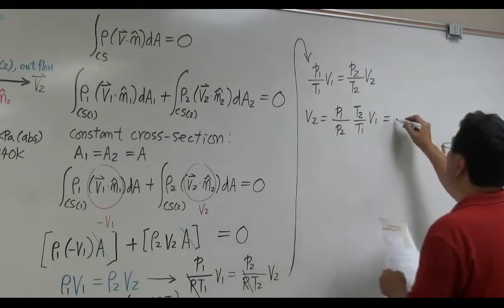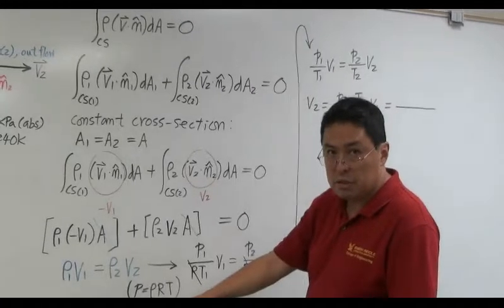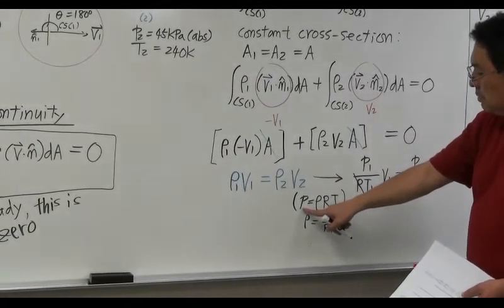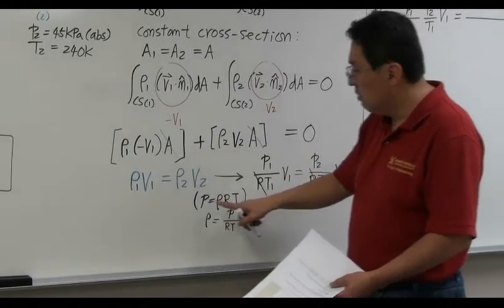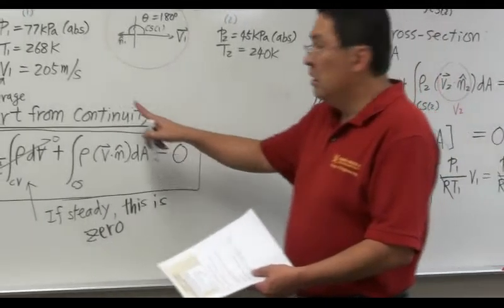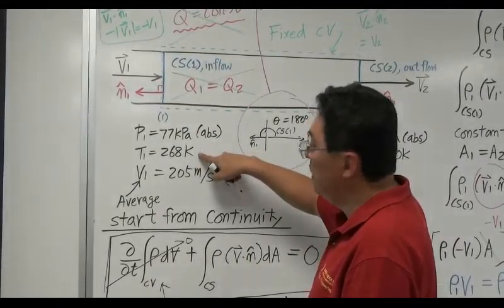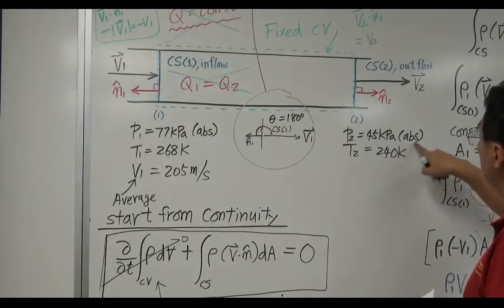So we can plug in the values. Make sure you are using P equal to rho RT as an equation. If you use this equation, P must be absolute pressure, T must be absolute scale temperature. Let's go back and make sure. Oh, okay. P is absolute pressure, T is absolute scale Kelvin. Same here.